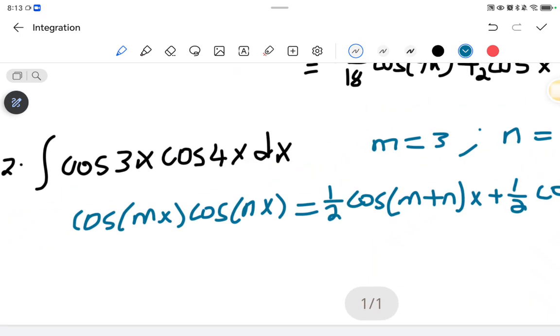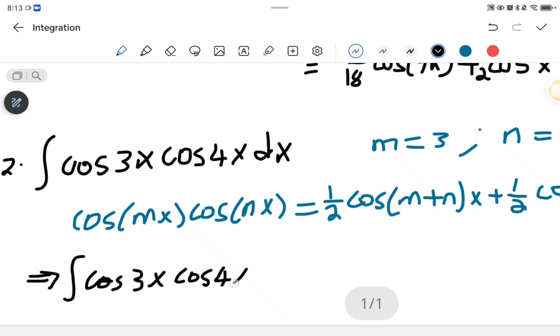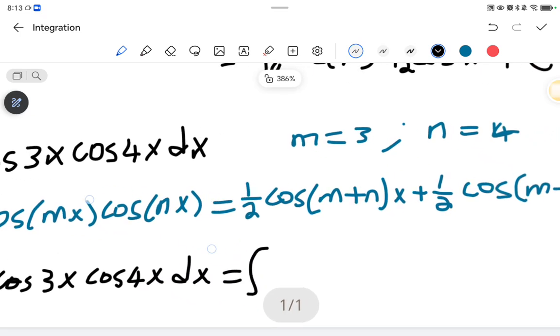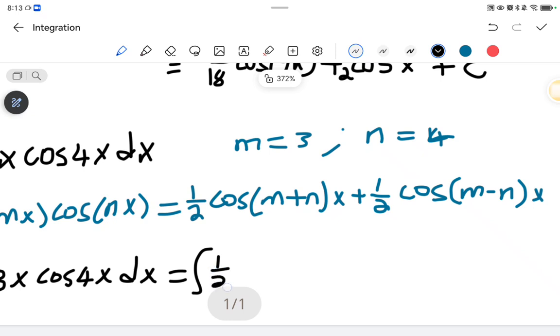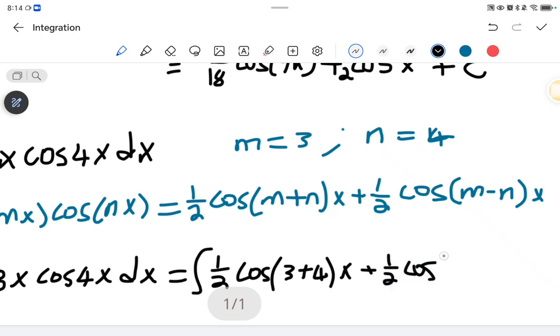Now we have this. And we know that this will imply that the integral of cos 3x cos 4x dx will be equal to the integral. Now I substitute those, 1 over 2 cos of 3 plus 4x plus 1 over 2 cos of 3 minus 4x.